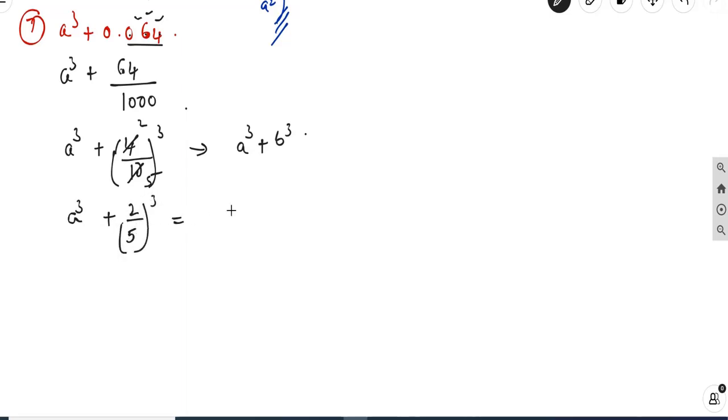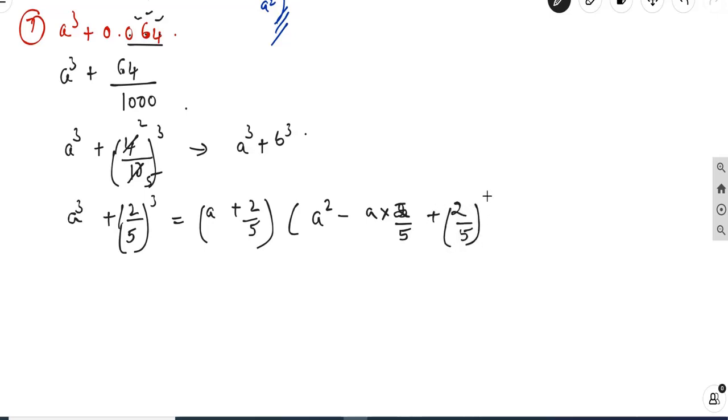Okay. Now for this equation, if I apply the identity, this becomes a plus 2 by 5. Okay. Bracket. Then one more bracket. What is a here? A. So this becomes a square minus a into 2 by 5, plus 2 by 5 whole square. Okay.